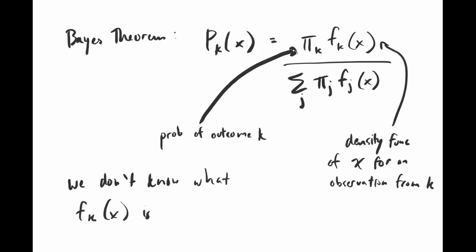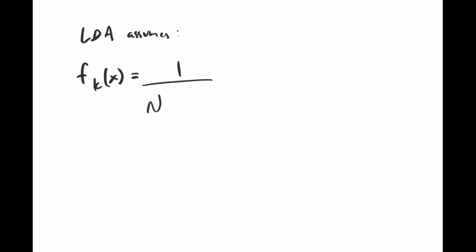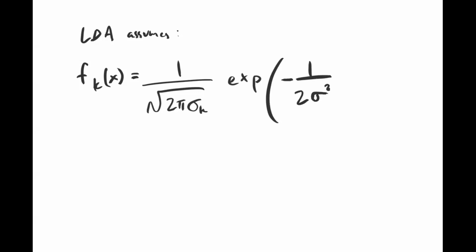And so in an LDA, the critical assumption is that f_k(x) looks normally distributed. So that is something like this. It's just the equation for a normal distribution.